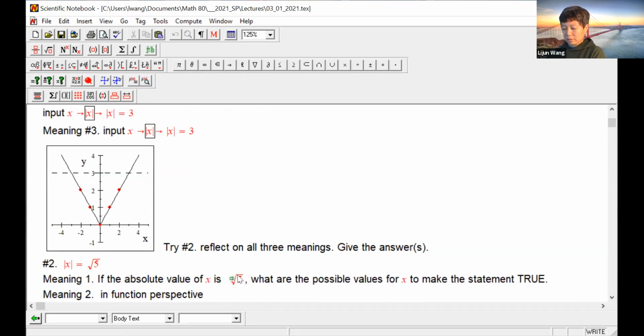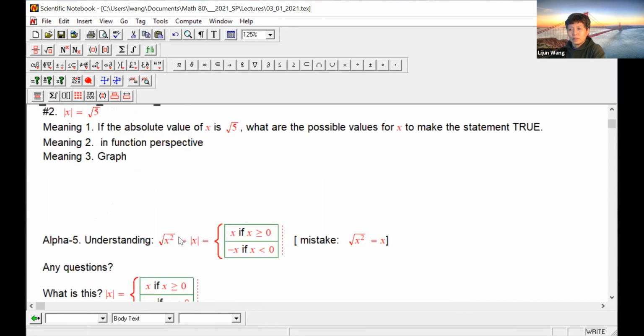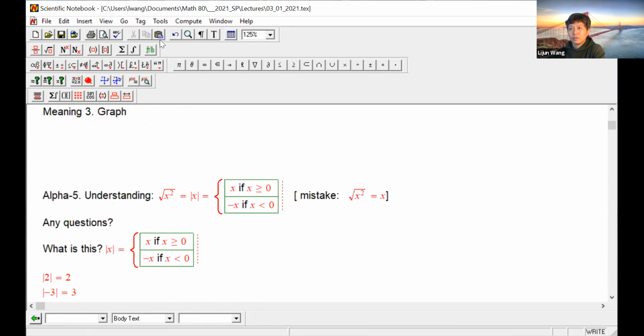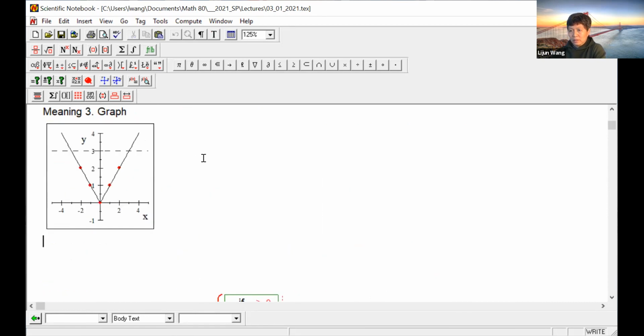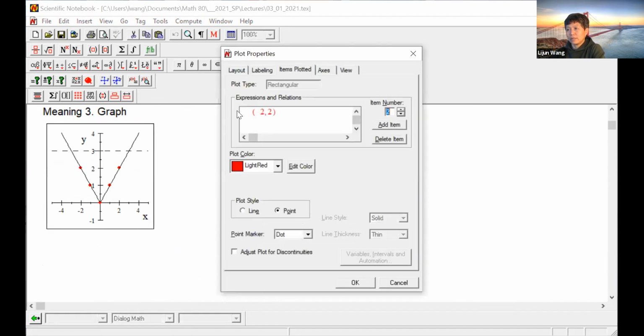Just the number is different. So if you look at the graph, instead of having a horizontal line at 3, we're just having a horizontal line at root 5.